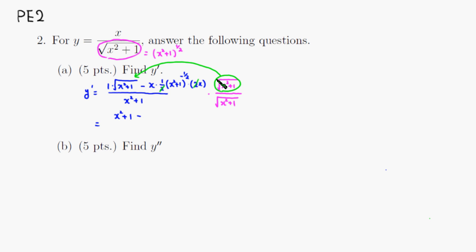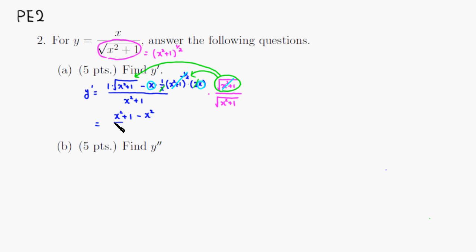If you distribute it to the second term, there's going to be a cancellation: x squared plus 1 to the negative 1/2 is the reciprocal of this guy, so you can cancel those out. What's left is an x here, and another x there, so it's x squared.